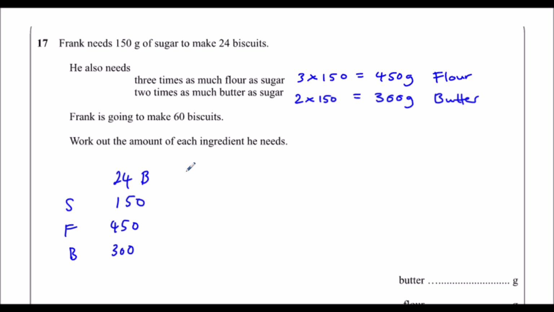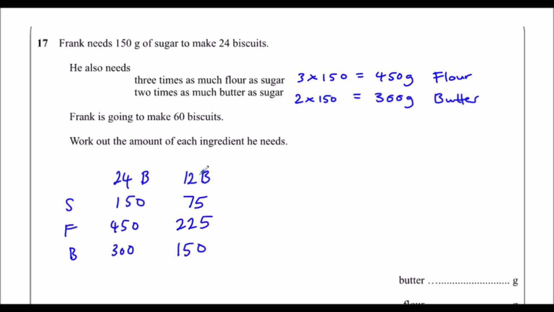So if we half it, we can find out how much we need for 12 biscuits. So let's half all these ingredients. So it'd be 75 grams of sugar, 225 grams of flour, and 150 grams, half of 300 is 150 grams of butter.